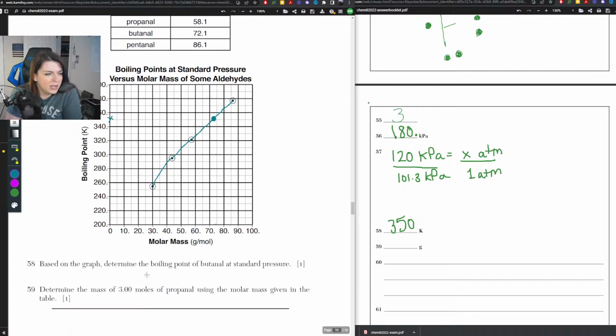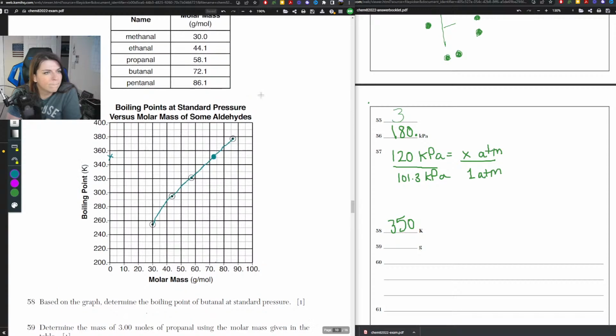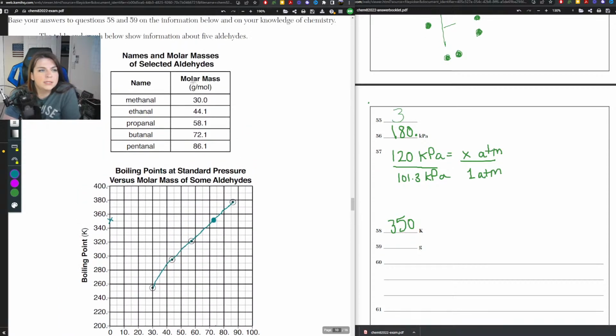Okay, question 59. Determine the mass of 3 moles of propanol using the molar mass given in the table. A molar mass is the gram of 1 mole, so 3 moles must be that same thing times 3. We could have also set this up as a ratio if you are interested in that.